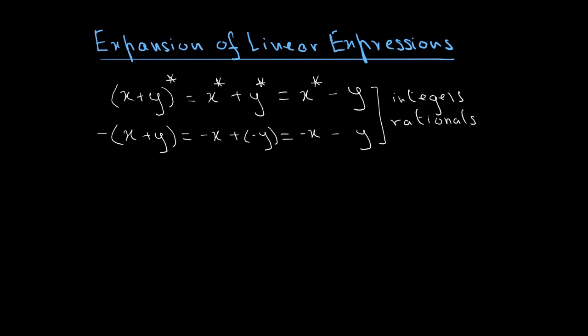Similarly, there's another expression, which is the expression of x minus y star, and x minus y star is equal to x star, so you have to be careful, x star plus, so this I will rewrite as x star minus y star, which turns out to be exactly equal to x star plus y.